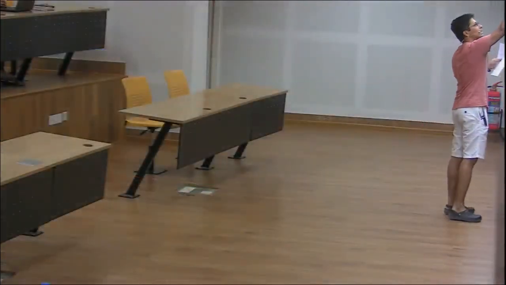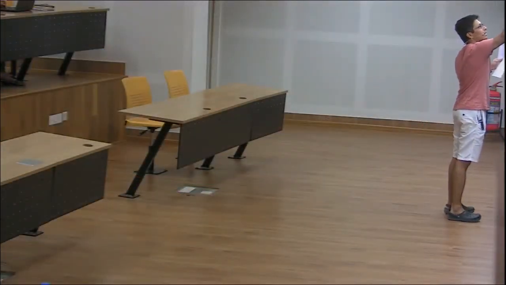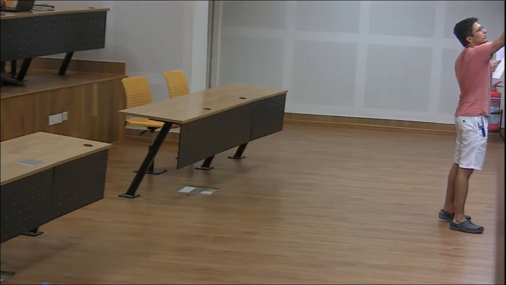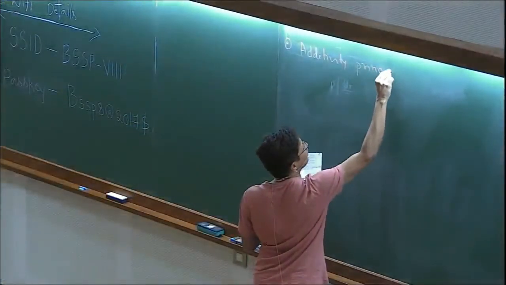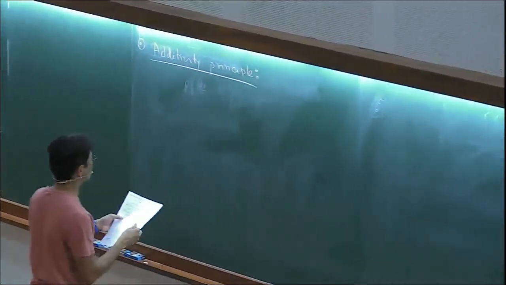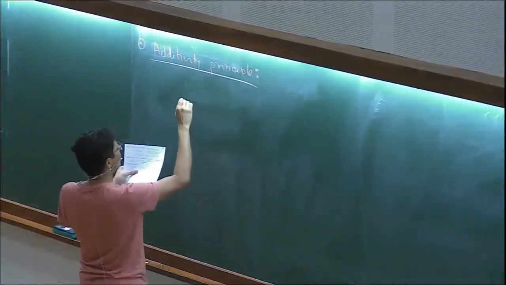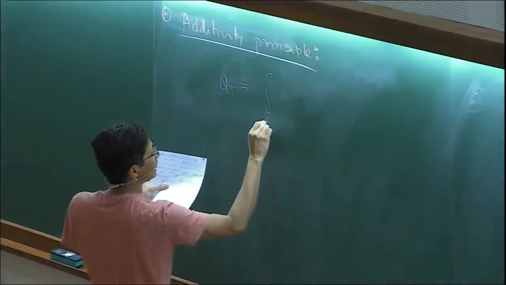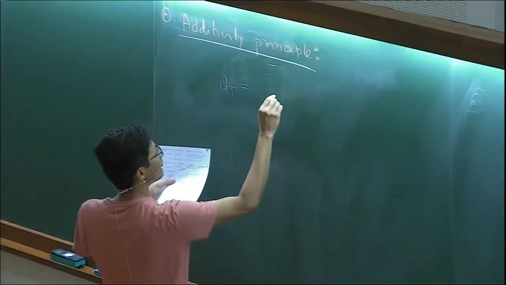So keep in mind the motivation: we want to understand the additivity principle in this very simple problem, which will appear in the last lecture. I'm going to look at a quantity Q of t, starting from 0 to t.